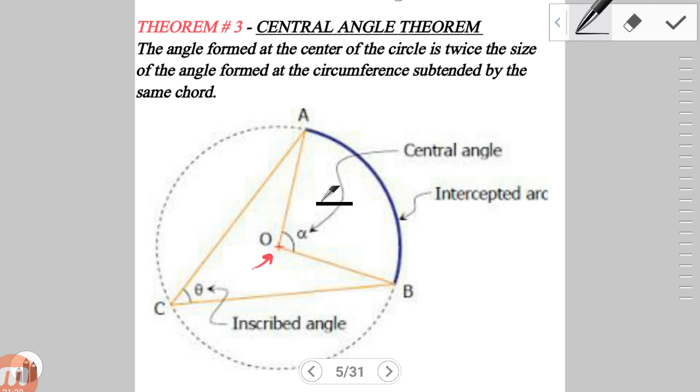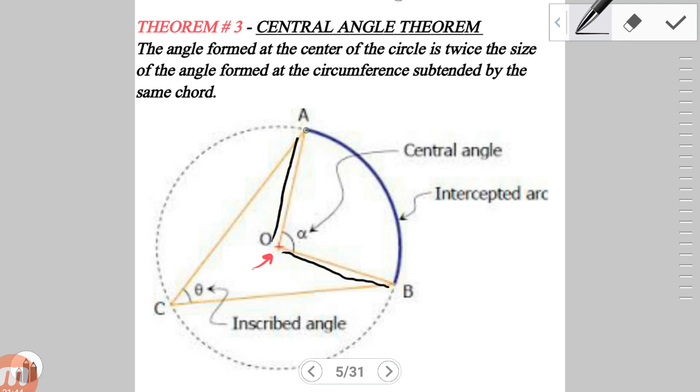Now, notice that the angle was formed by this radius, OA, and this radius, OB. The angle formed by those two radii then got connected by an arc that I've indicated here in purple.